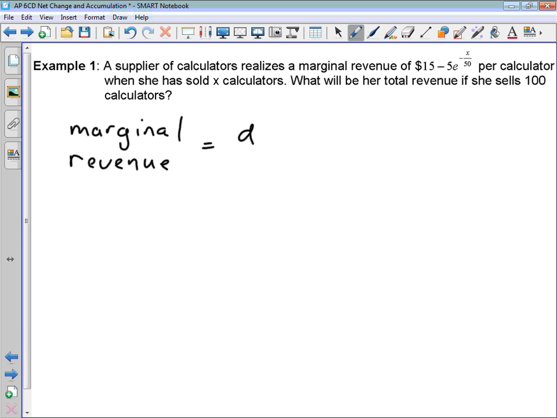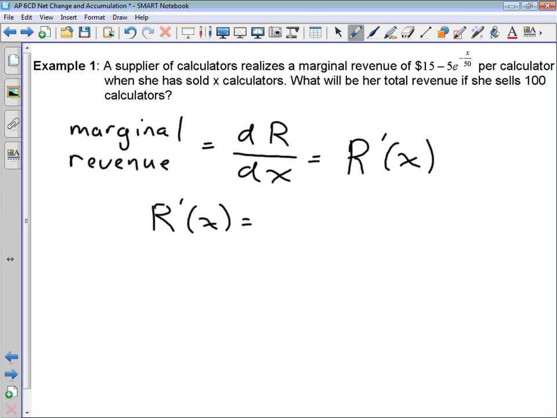So it's dr dx, or r primed at x, where r is our revenue function. So we know that in this question, r primed is equal to 15 minus 5e to the negative x over 50. So that is our rate.